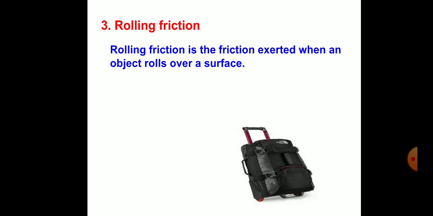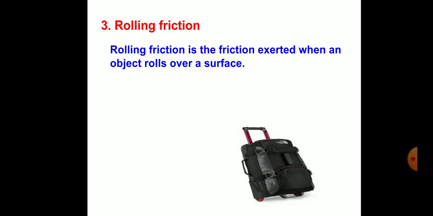So here rolling reduces the friction. That means compared to static and sliding friction, rolling friction is very less. So it reduces the friction. It will be easier to move a heavy object by using rollers, because it reduces the friction. So it is always easier to roll than to slide a body over another surface.